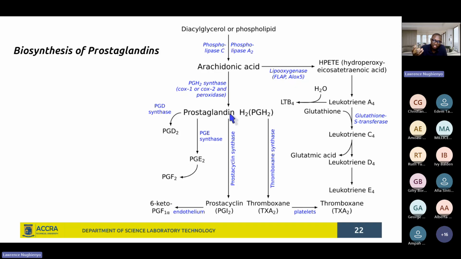They are responsible for pain recognition, for instance. Some of them are involved in vasodilation; they open blood vessels. Some of them do the opposite, like going into blood clotting, like the thromboxanes.